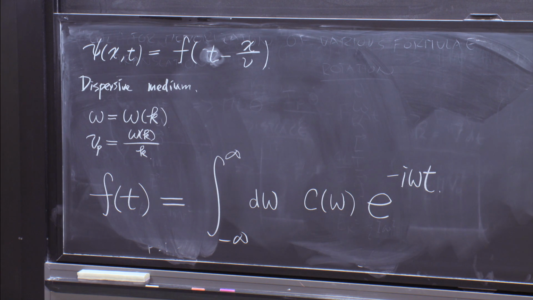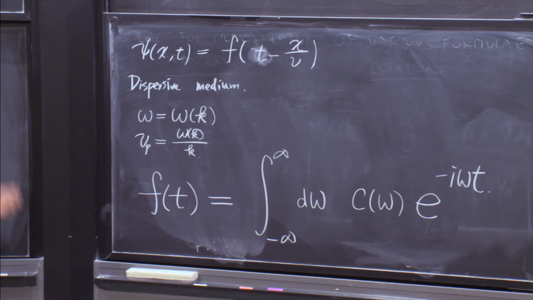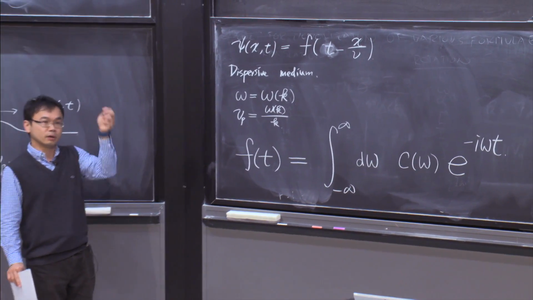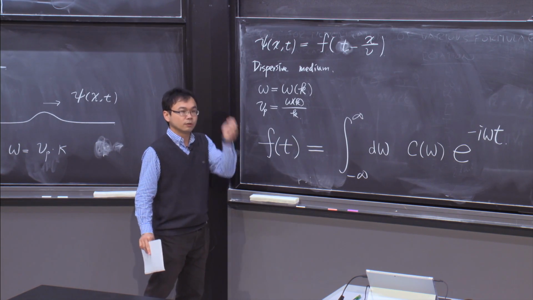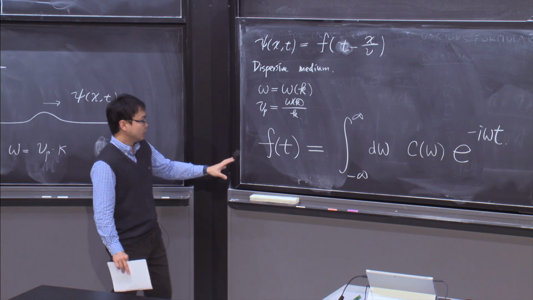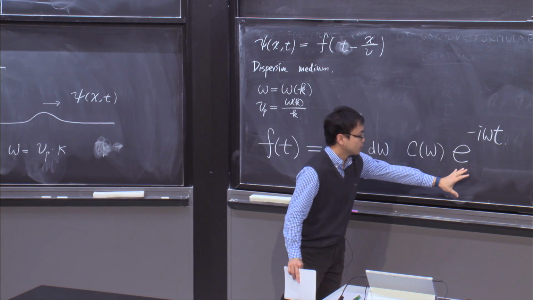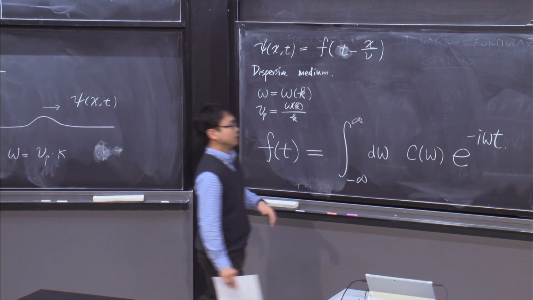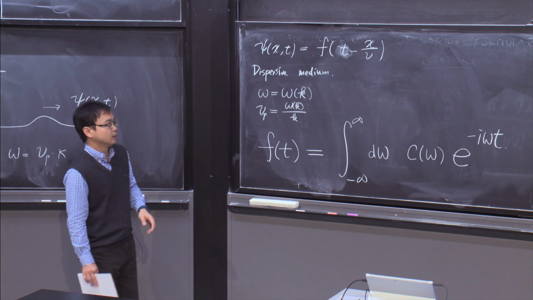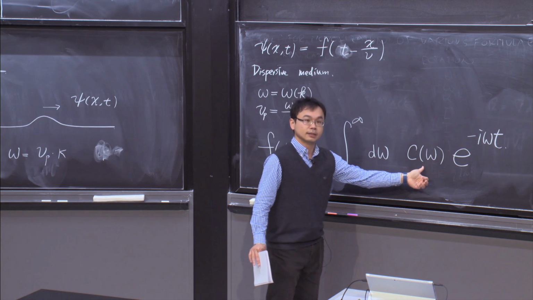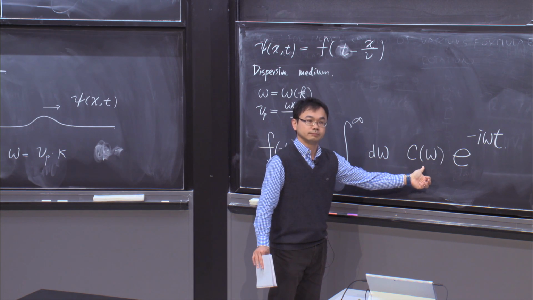Let's look at this carefully. What am I doing? I'm saying that I can shake one end of the string up and down according to my will, and if I do this for a long time, I can describe the motion of my hand by an infinite number of harmonic waves, exponential i omega t, describing the frequency of these waves, and each of them has an associated amplitude.